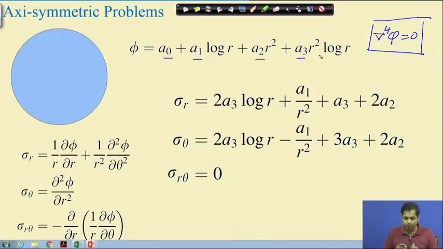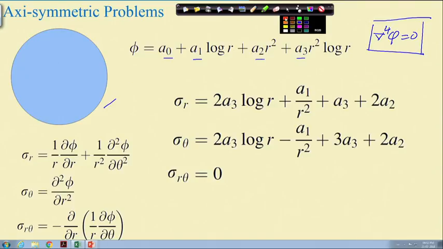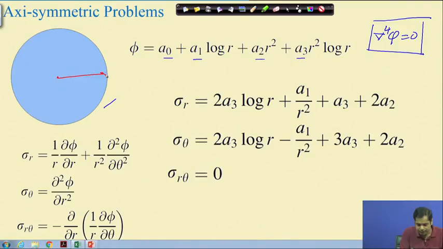But suppose your domain is this. We have a point here, and this direction is r. At the axisymmetric point, r is equal to 0.